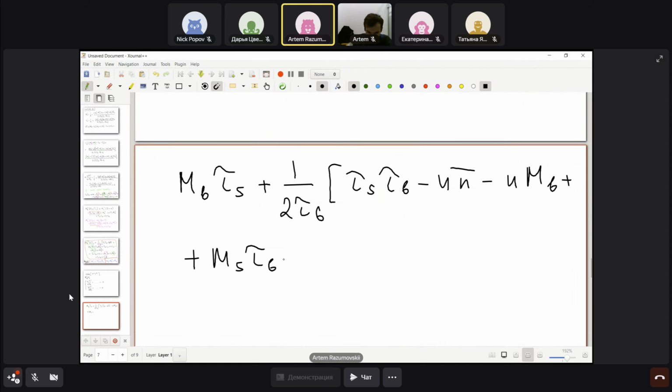Can you remind me? Like tau B multiplied by capital CS. And what else? And U multiplied by capital CB. Okay. I just don't want to go up and down to the right, so that's why I ask you.